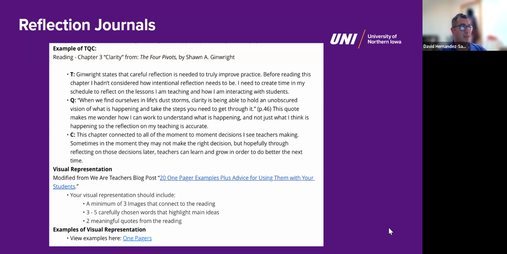End quote. This quote makes me wonder, how can I work to understand what is happening and not just what I think is happening, so the reflection on my teaching is accurate? So this example provides a question to that provocative quote.